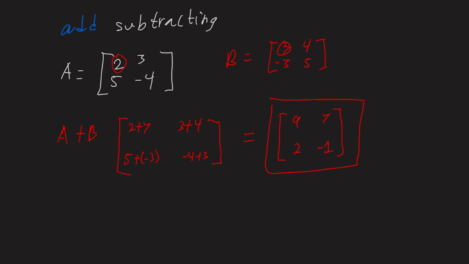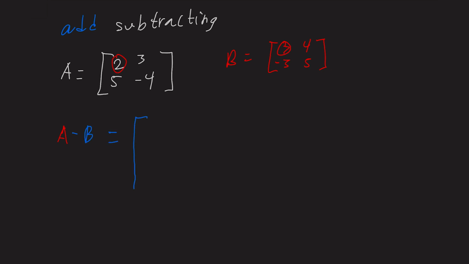Now instead, I might be able to subtract these two matrices. So now let's do that. If I replace this plus sign with a minus sign, okay? The process is very similar. It's going to retain its order, and it's going to be each element subtracted from its corresponding element in the other matrix.